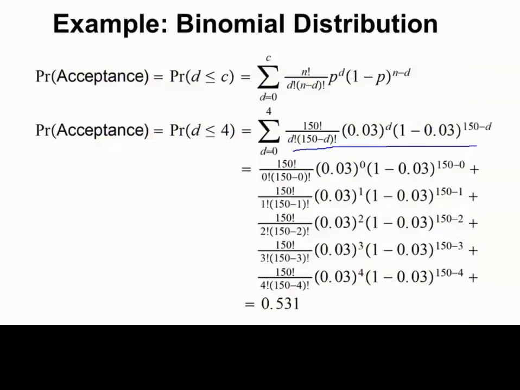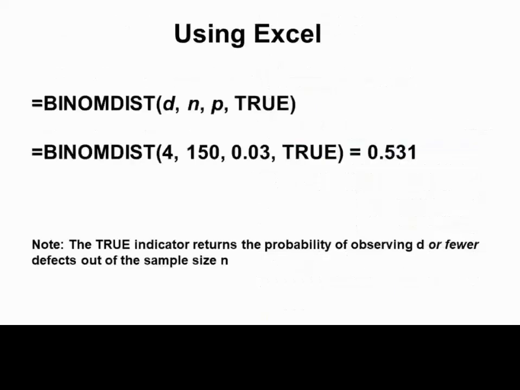We add all these up, and in this case it's 53.1%. Now again, I can use the BINOM.DIST function, and here instead of using false, if I change this to true, then you're telling Excel that this is a cumulative binomial distribution. You need to find the probability of up to and including 4 out of 150.